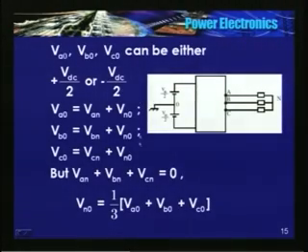I will add these 3 equations. When I add them, I will find that VAN plus VBN plus VCN becomes 0. So therefore, 3VNO is equal to VAO plus VBO plus VCO. Okay. So therefore, VNO is equal to 1/3 of this equation.